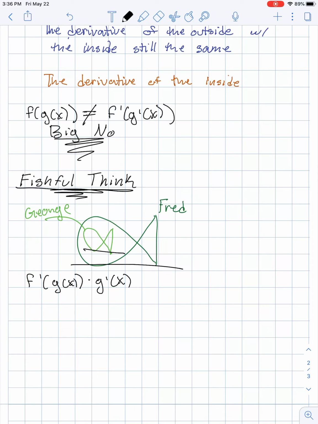All right? And that's the fishful thinking. It's one of my favorite ways to explain this. There's some hand movements too of explaining something inside of something else, like holding your fist. But fishful thinking is kind of my main way of explaining chain rule and remembering it. You can't hacksaw your fish in half.